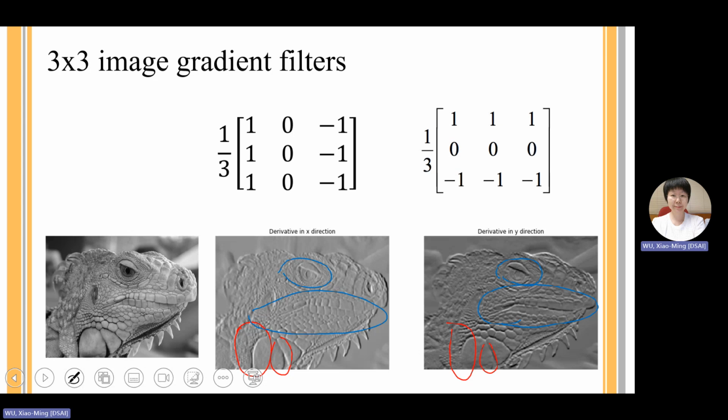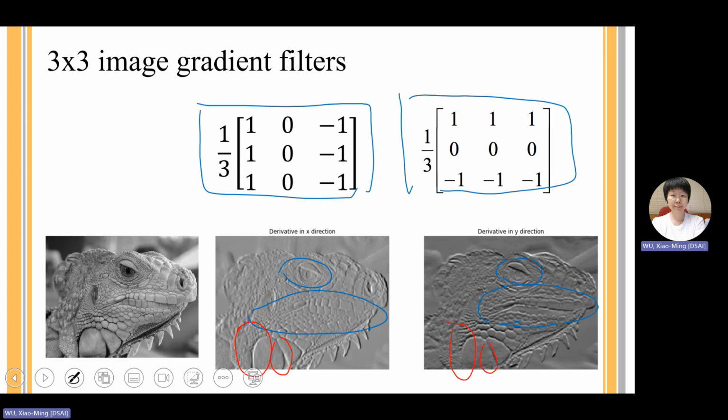So the two filters are the basic filters for edge detection. This is called the X derivative filter, and this is the Y derivative filter. If you want to do edge detection, this is the first step: comparing the differences between neighboring pixels horizontally and vertically.